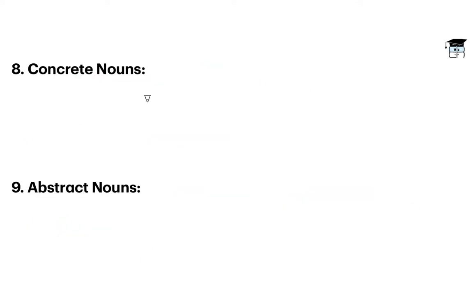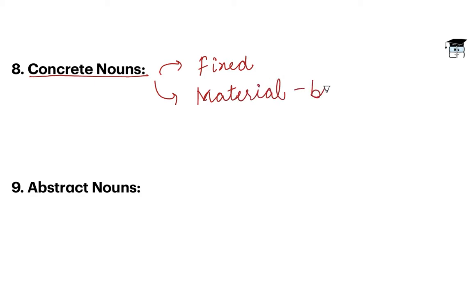Moving on to the next category, which is concrete nouns. Now, look carefully and try to understand the meaning of the word concrete. It means something that has fixed boundaries, right? Something that has clear boundaries. Nouns that are material based and that have fixed boundaries are known as concrete nouns.